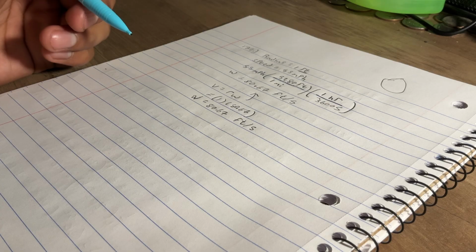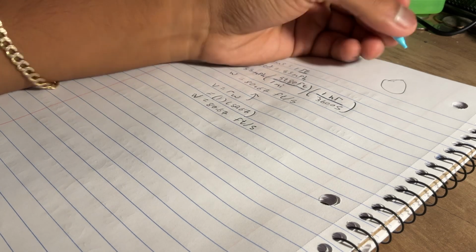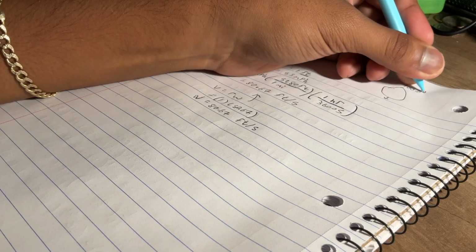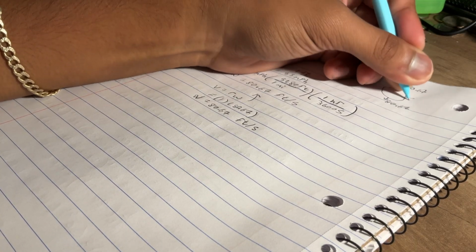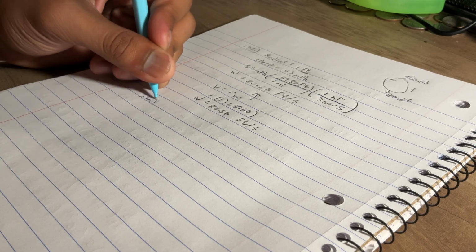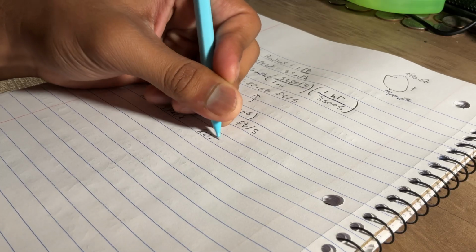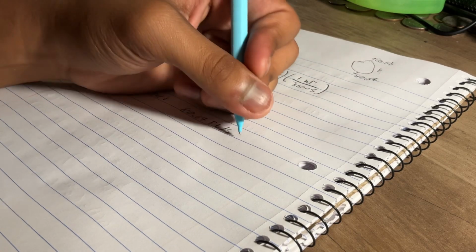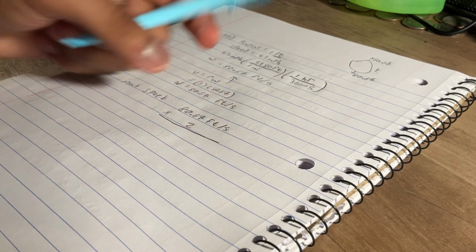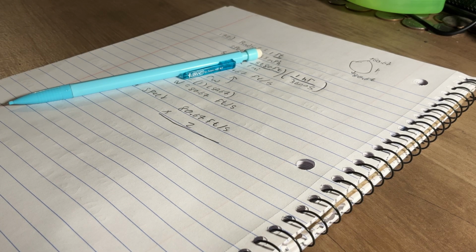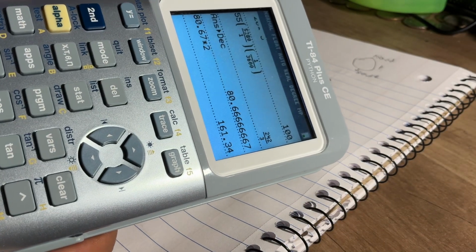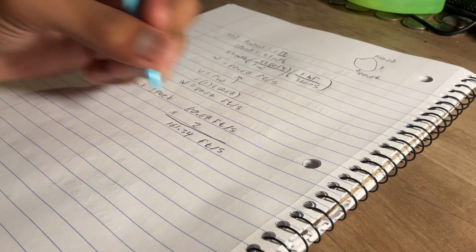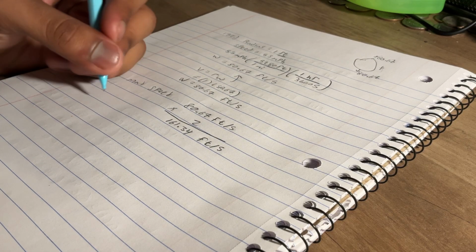So for the maximum speed, I would add those up: 80.67 feet per second, and this is another 80.67, so I multiply by 2, covering both. 80.67 times 2 is 161.34. So the maximum speed is 161.34 feet per second.